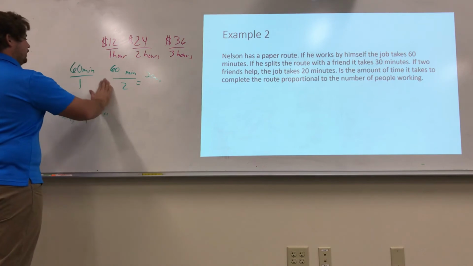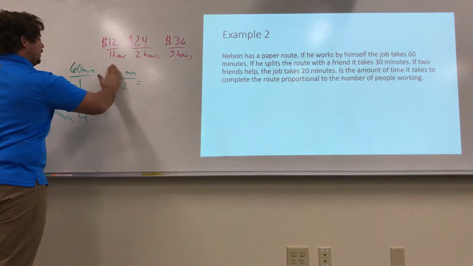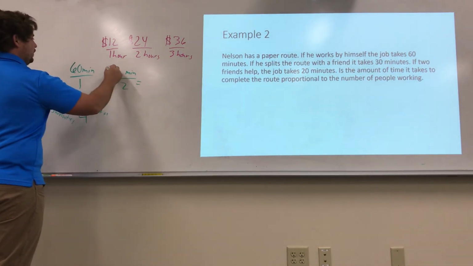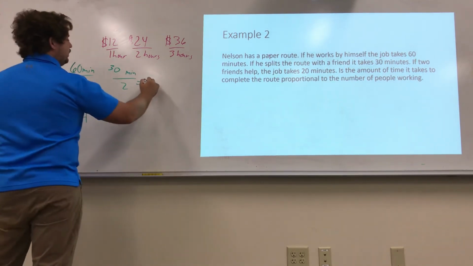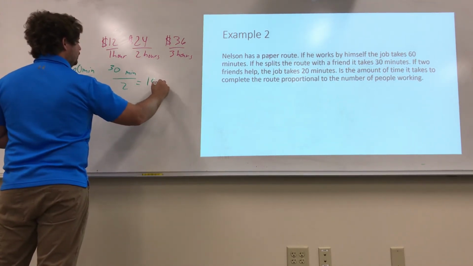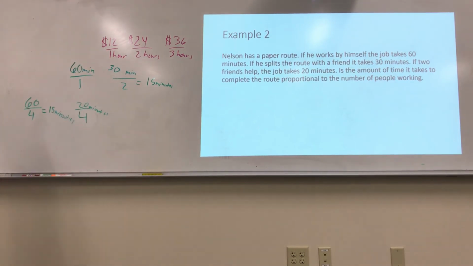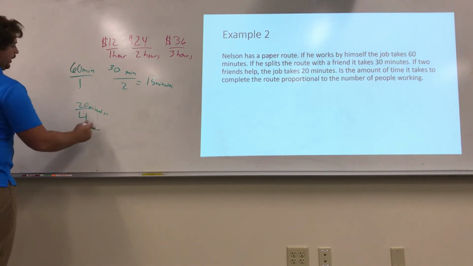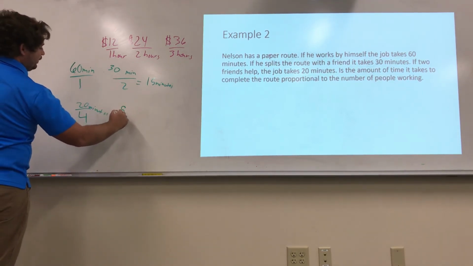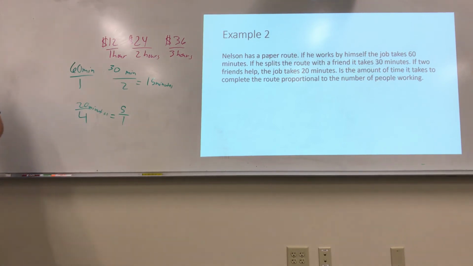So, simplify these down. This would be 15 minutes to do one person's job. This one, let's go back to the original. You get 20 over that, which leaves you 5 over 1.